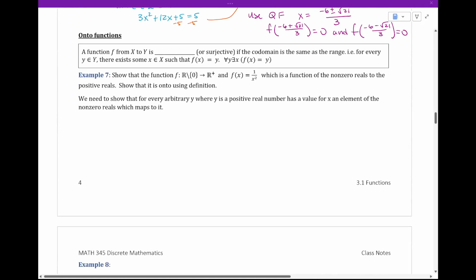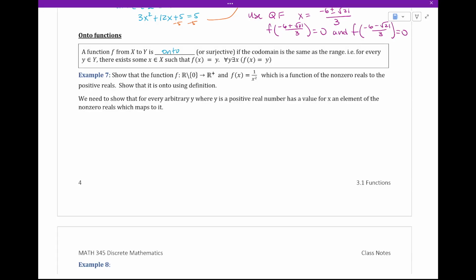Okay. Moving along to onto functions, we've talked about what it means to be a one-to-one function. This is what it means to be an onto function. A function f from X to Y is onto, or surjective. So before we had one-to-one functions are called injective, so these are called surjective.